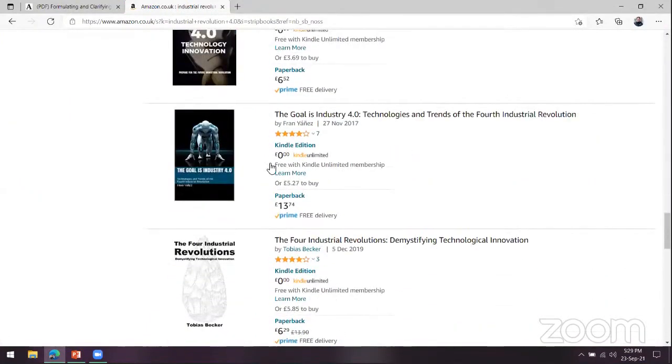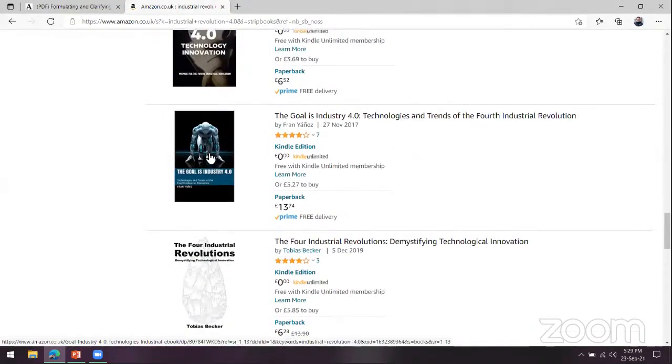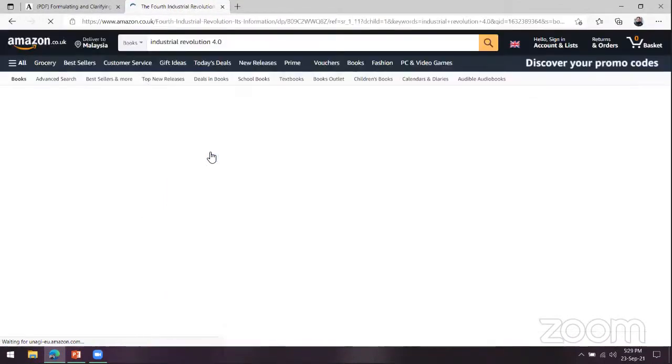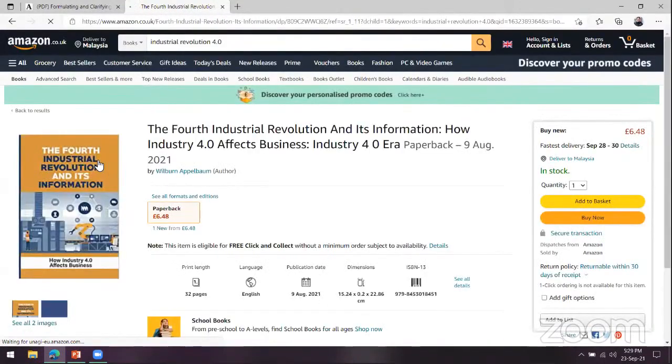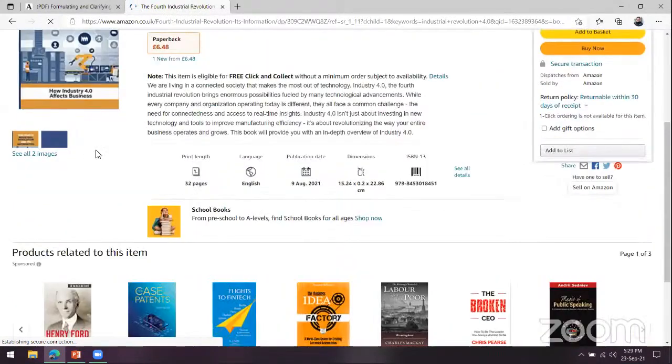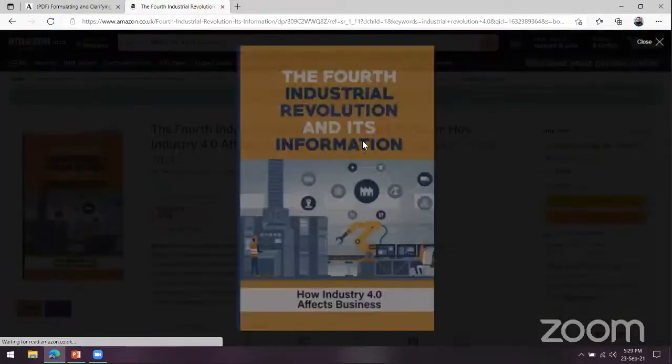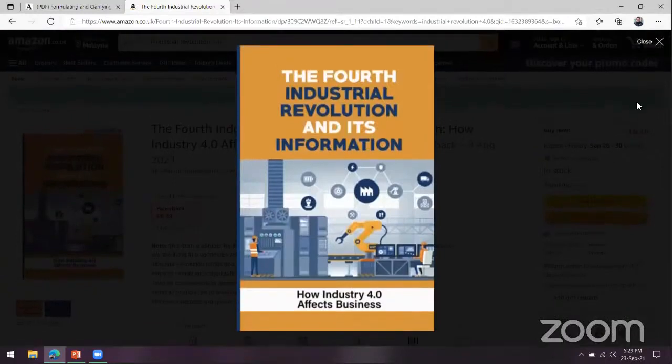Let me see if I have any of the books, preferably the latest, because with the latest you are able to access the book chapters and also the table of contents. Yeah, look inside.